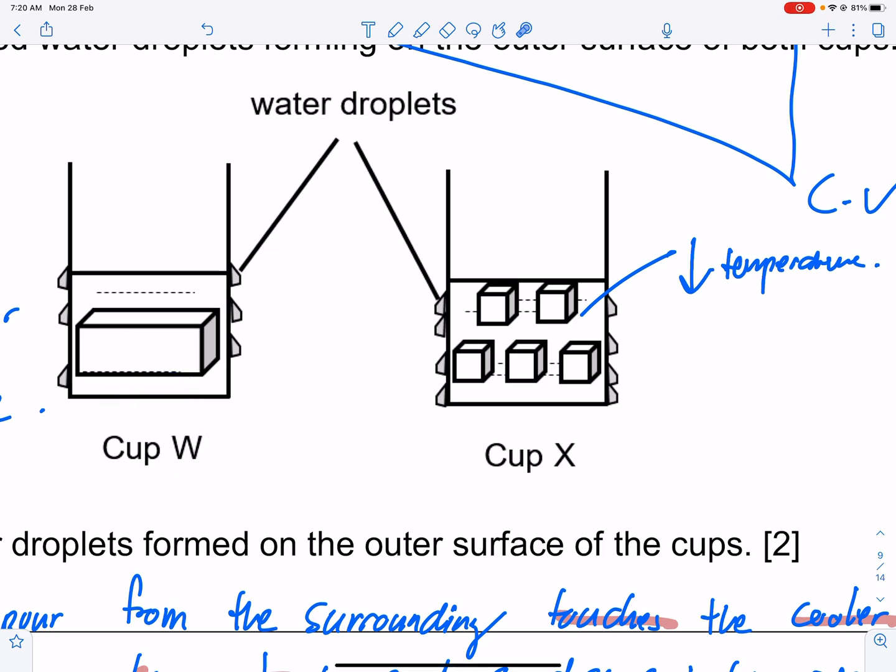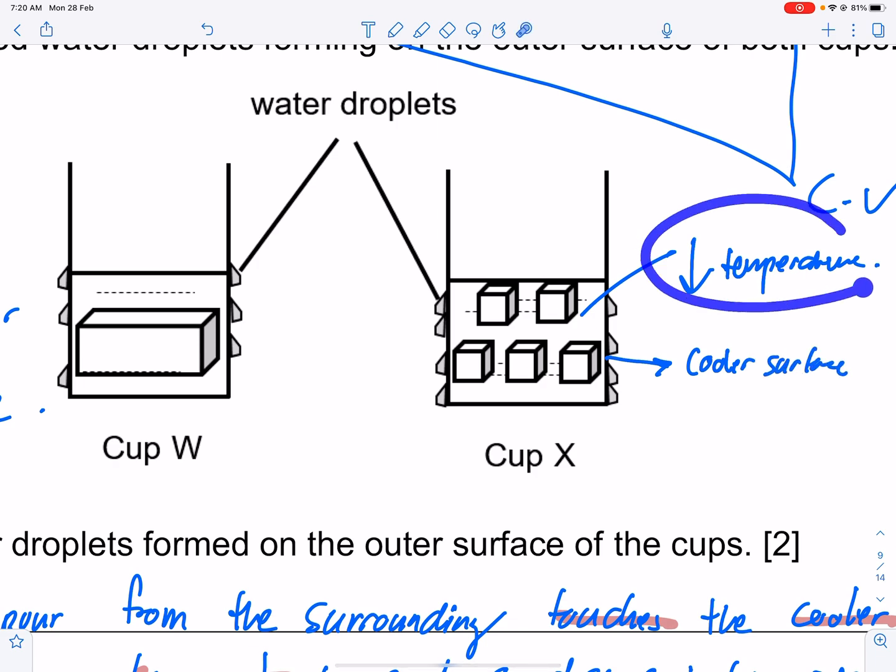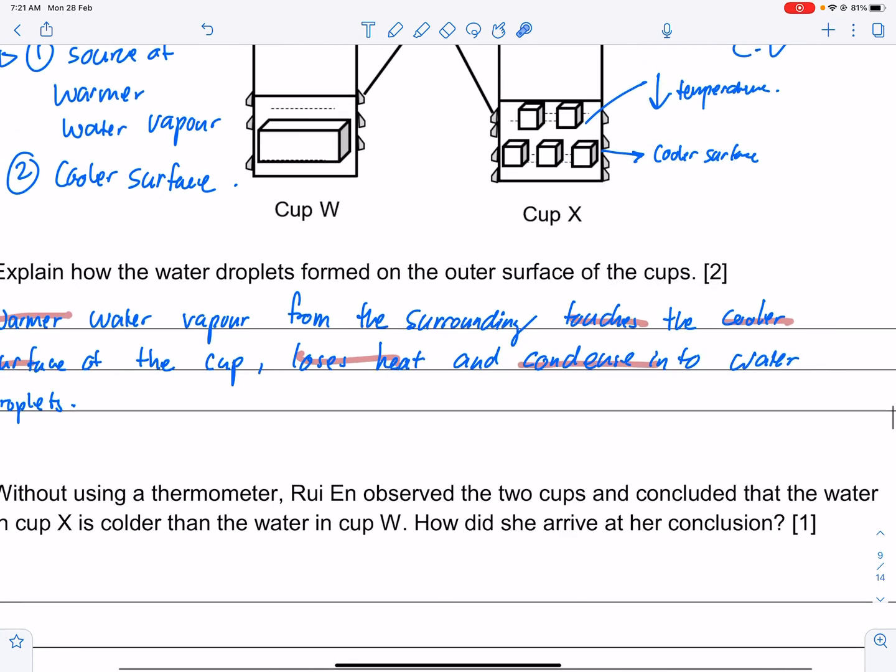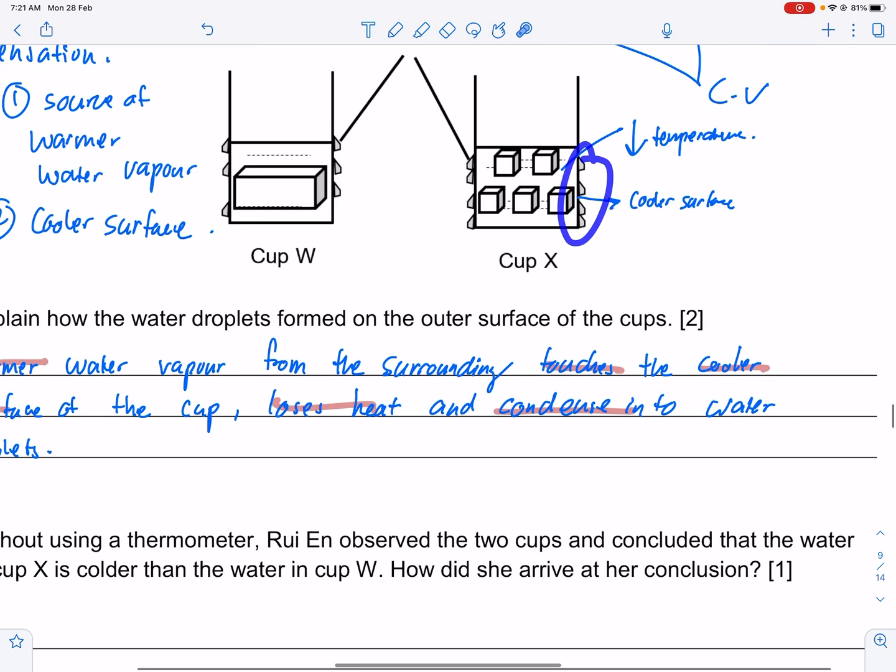When that happens, it also means that when you compare these two, the surface over here is a cooler surface due to the lower temperature. With a lower temperature, it will result in a cooler surface. Therefore, the condensation of the water vapor in your surrounding air will also be faster, resulting in more water droplets.